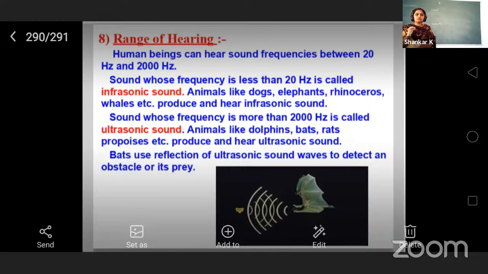So this is the range of hearing: 20 hertz to 2000 hertz is the frequency. Below 20 means infrasonic and above 2000 means ultrasonic sound.